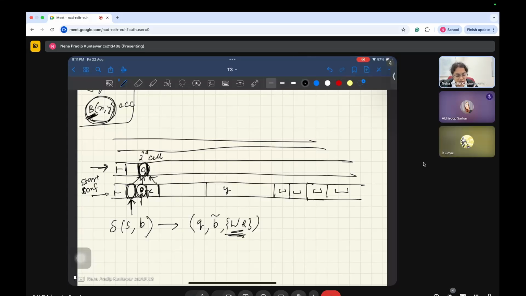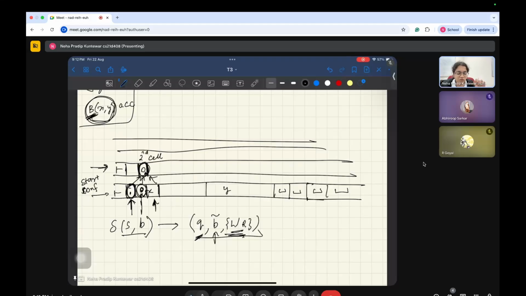Basically, any information about this cell, what state it is in, if the head is there, what content it has, depends only on what I was reading and what the transition told me, and similarly for the neighbouring cell.